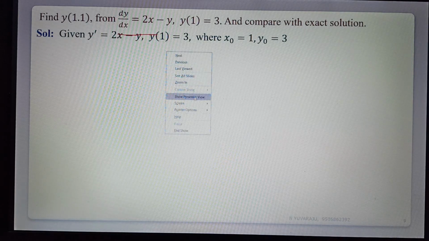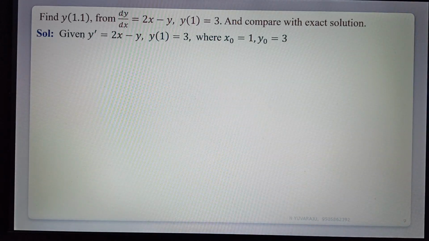So the given equation is y dash is equal to 2x minus y. Initial condition: y of 1 is equal to 3, and x0 is equal to 1, y0 is equal to 3. So next, second derivative y double dash is equal to 2, since 2x derivative is 2, minus y dash.